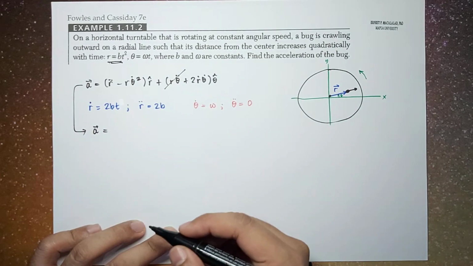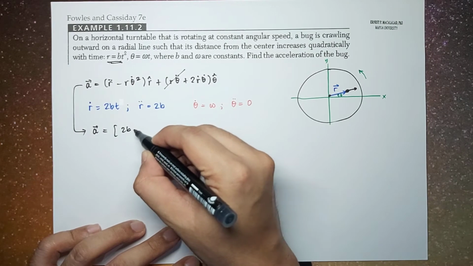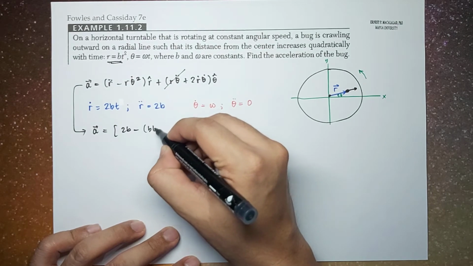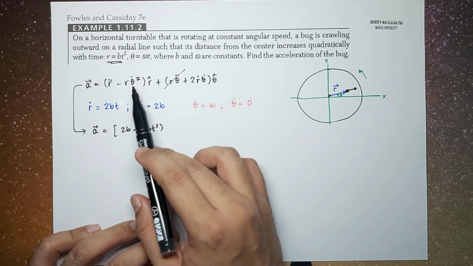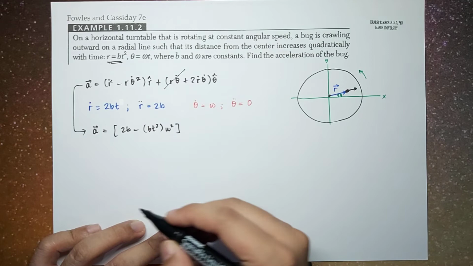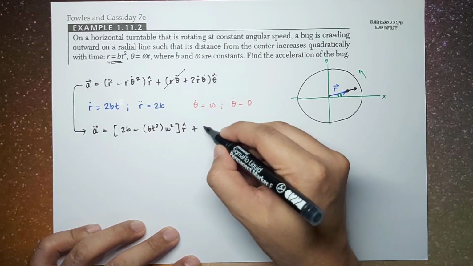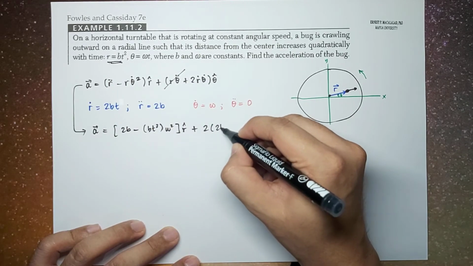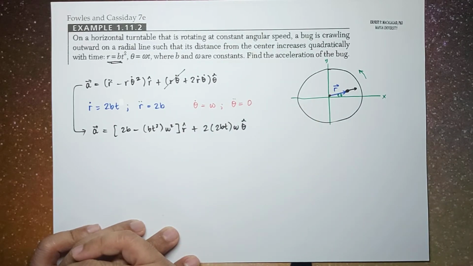So a, your acceleration, will be equal to (2b minus r, which is b t squared, times theta dot squared, which is omega squared) r hat, plus 2 times 2bt times omega theta hat.